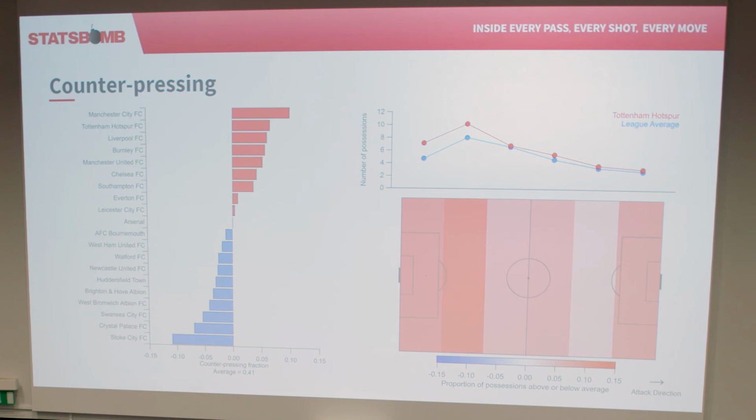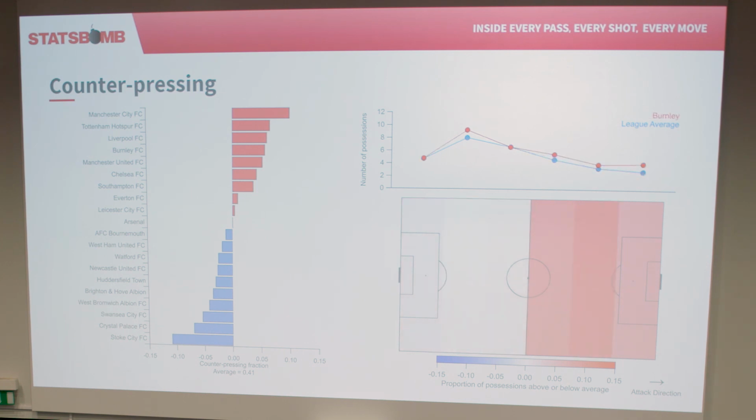We see a similar thing with Spurs. Again, what we'd expect from a counter-pressing team. And Liverpool, again, the intensity isn't that different to league average, but proportionally they're doing a lot more than the league average.